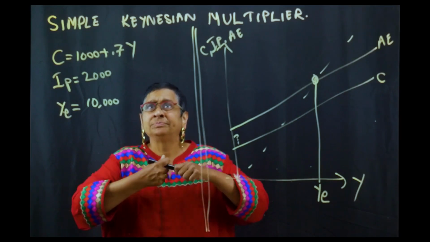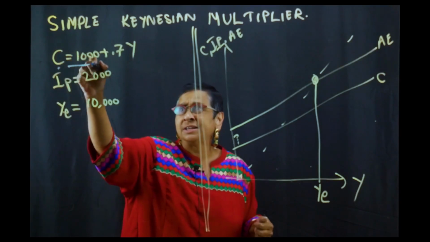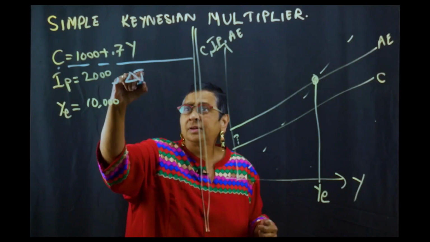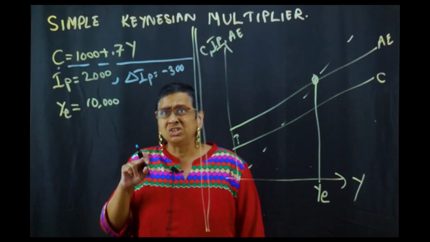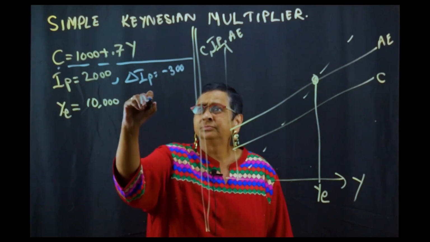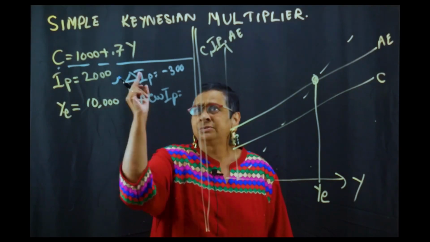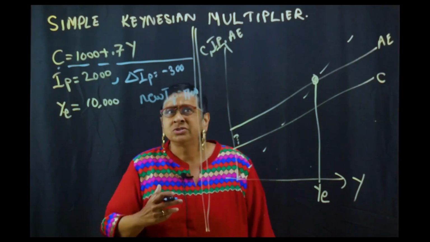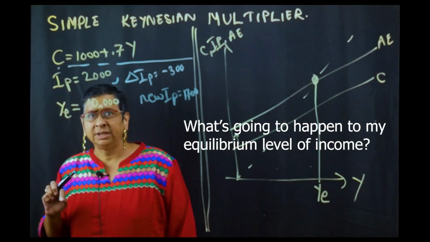Maybe something happened, and let us say my consumption function is still the same. But my planned investment dropped by 300, which means my new IP is going to be 2000 minus 300, which is 1700. So the question is, what's going to happen to my equilibrium level of income?